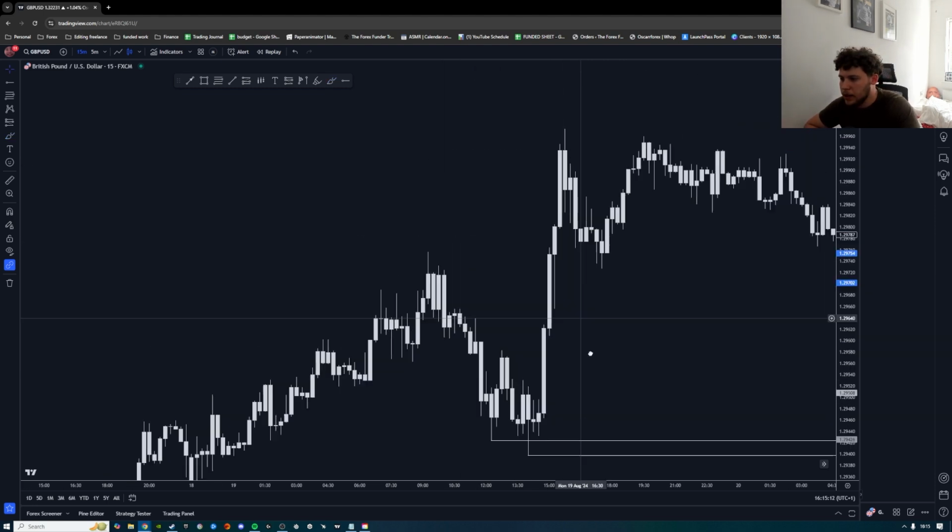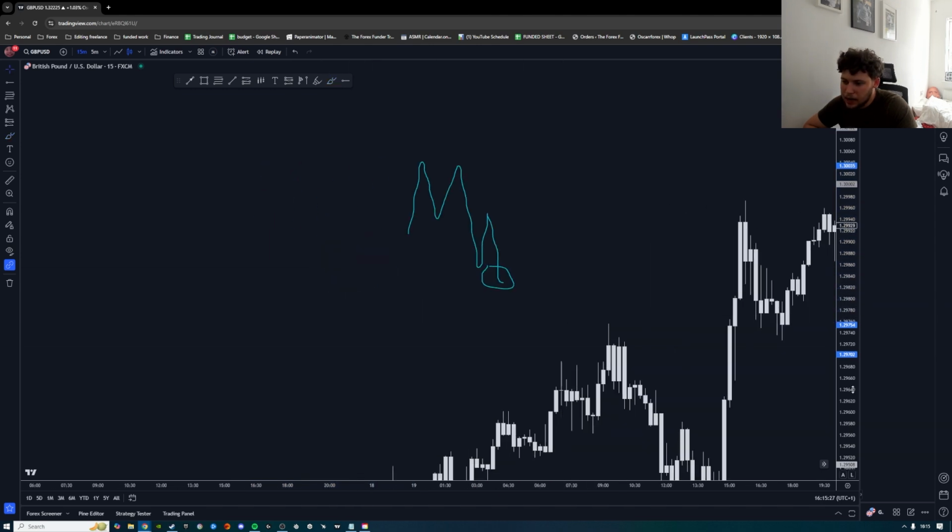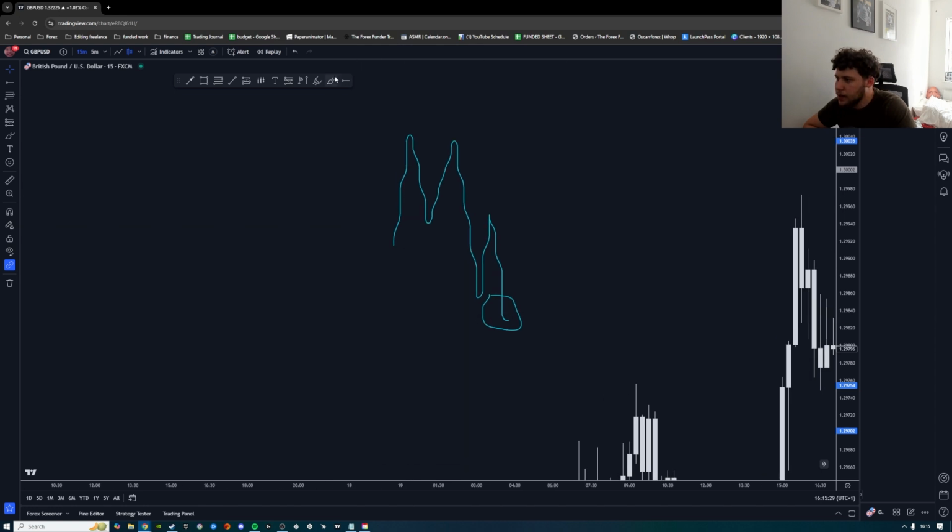What I mean by this is, if I draw an example here, say we've got price doing this and it does that, but say this bit here is just a wick, and what the candle has actually done is closed here.